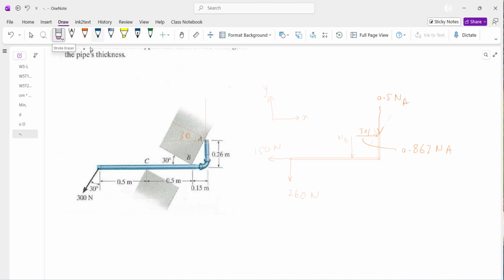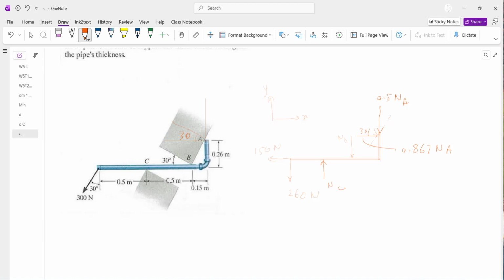Now let's see if this problem is solvable. By the way, I forgot to include one reaction here, and at point C the direction of sliding would be along the pipe, so your reaction would be normal to the pipe, not normal to the concrete. So that is NC. So in this problem, you have 1, 2, 3 unknowns and 3 conditions. So this problem is solvable.